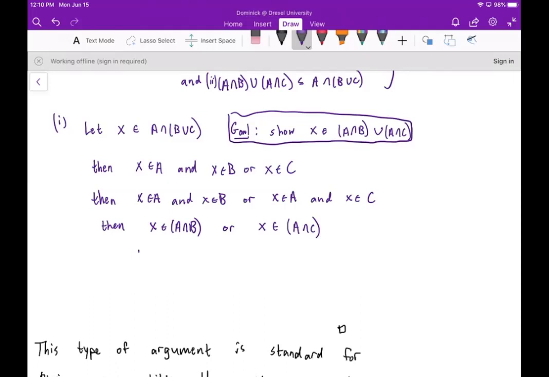The or means that x is in their union. Right? So now we've shown our goal, that x is an element of A intersect B union A intersect C. Now we just need to show the other direction.